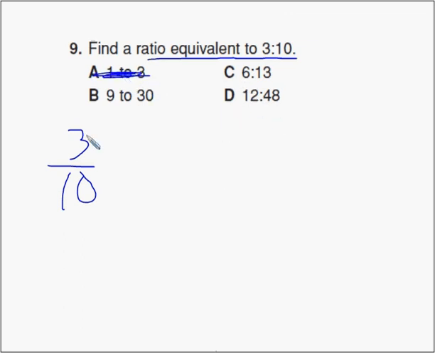If I divide 10 by 3, I don't get an even number. So I eliminate that one. 9 to 30. If I multiply each one by 3, I get 3 times 3 is 9, and 10 times 3 is 30. So that one is the answer.